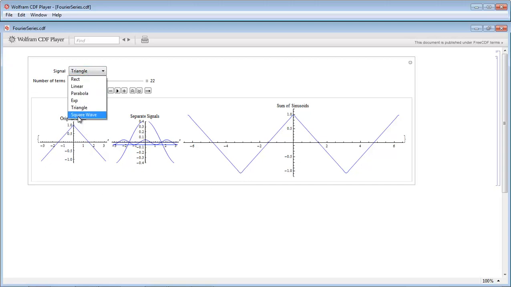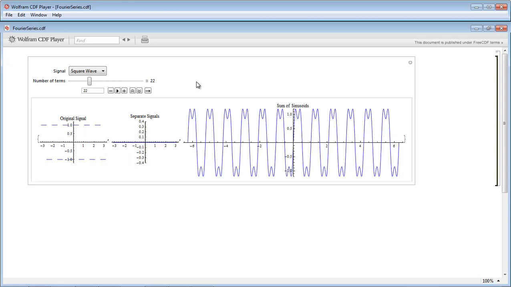All right. Square wave. This is like our rect, but repeated. So it should be a little harder to get. Just be patient. It'll update. Maybe.